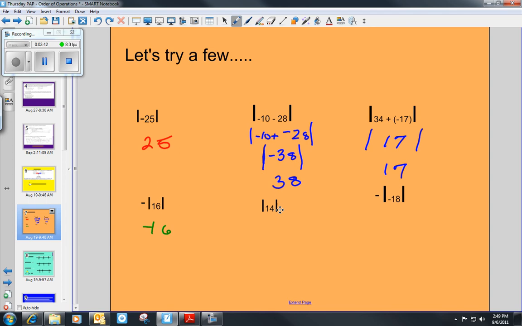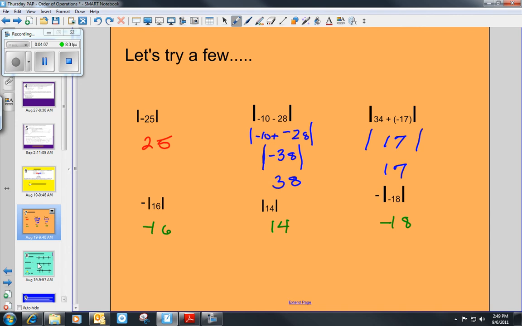The absolute value of 14 is 14. The negative absolute value of negative 18. So the absolute value of negative 18 is 18, and pull that negative down to make it negative 18. It's as if there was a negative sign on the outside of parentheses here when we're doing this.